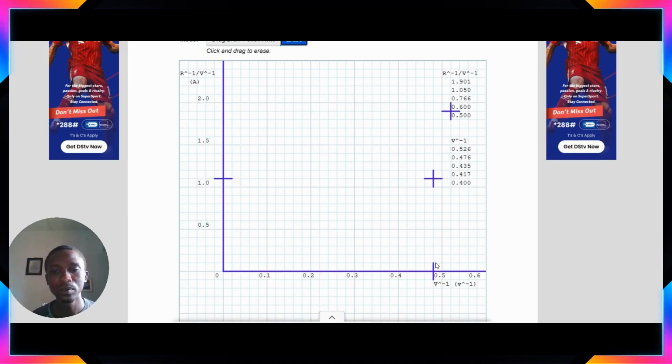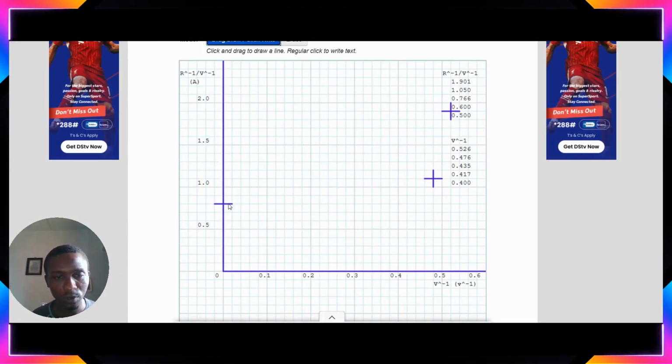Good. So the next one is when our R is 0.76, and that will be approximated to 0.8 on the graph. This is 0.5, 0.6, 0.7. So here is 0.8. Oh, undo.